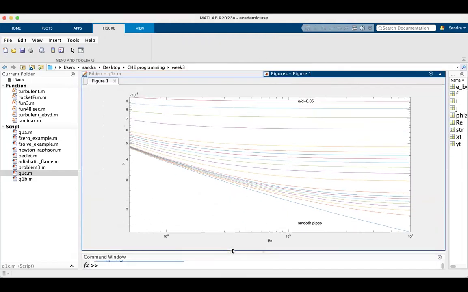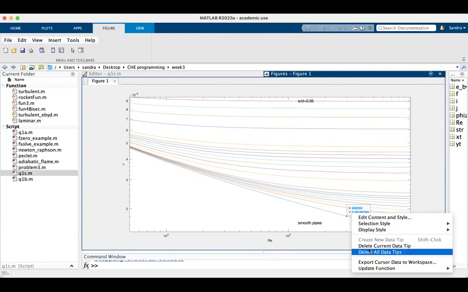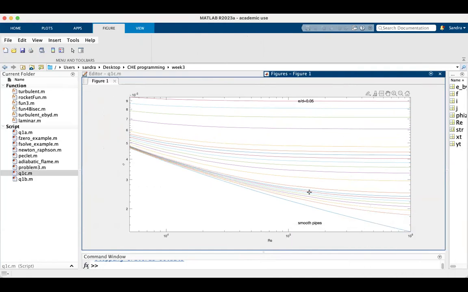So basically this is what you get. Remember, this is a log-log plot. For smooth pipes, when e by D is equal to 0, you get a straight line here. And then this is for different e by D's. For e by D equal to 0.5, this is a red line that you see. You get different lines like this.